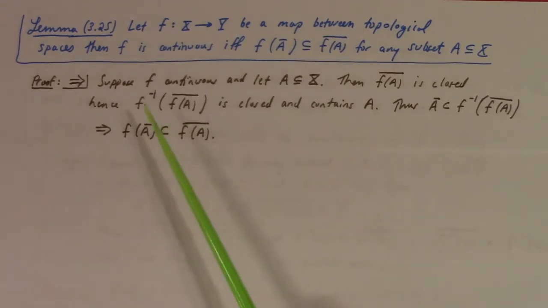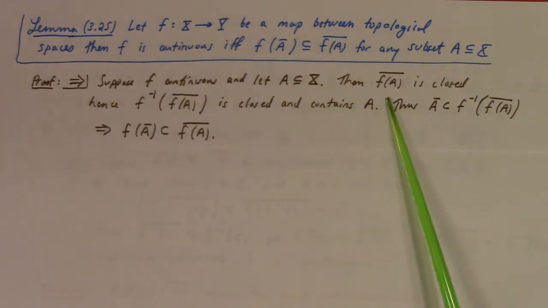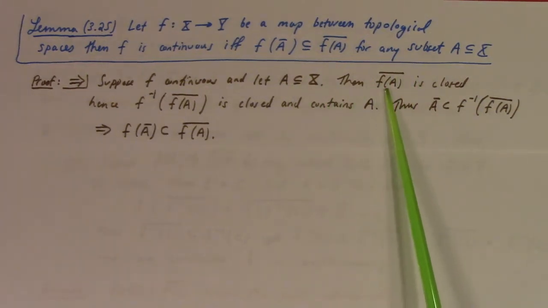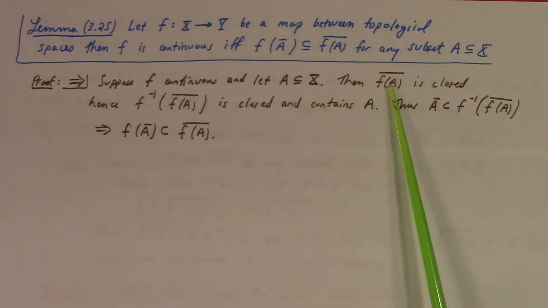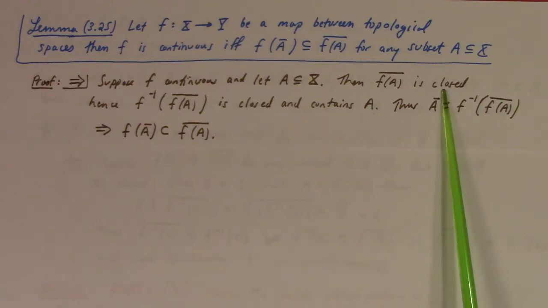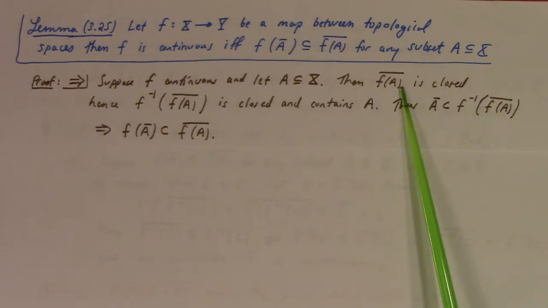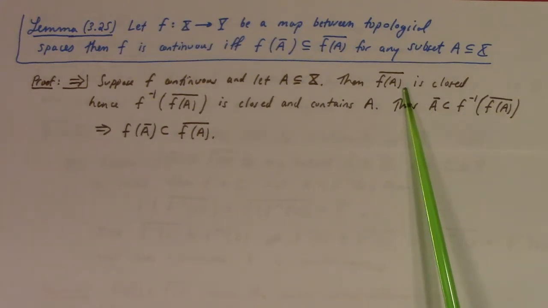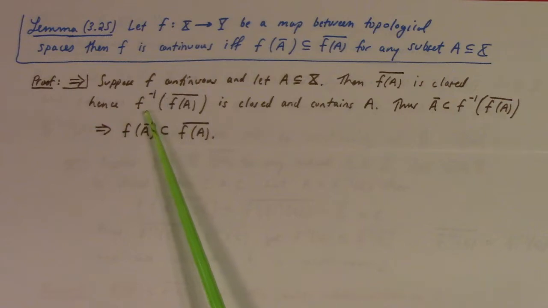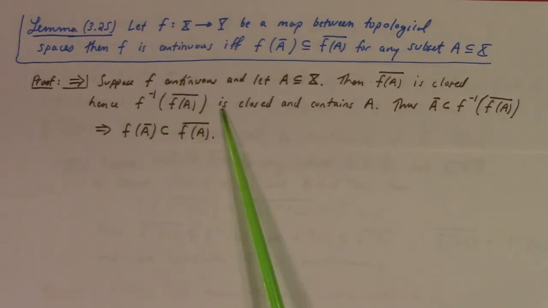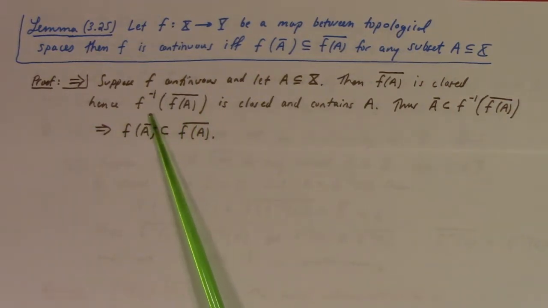So first of all, if f is continuous and A is a subset of x, then the closure of f of A is closed. How do I know that? Well, that was basically one of the properties of the closure, that the closure of a set is a closed set, right? And hence the inverse image of that is closed, by the previous thing we just proved, that the inverse image of a closed set is closed for a continuous map.